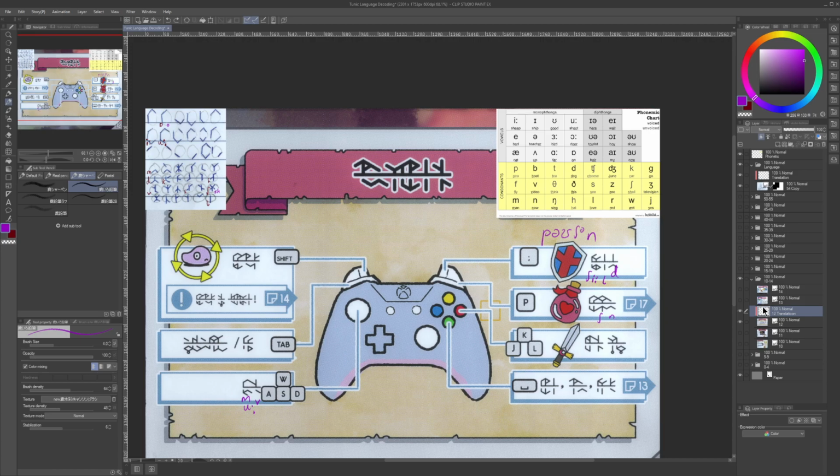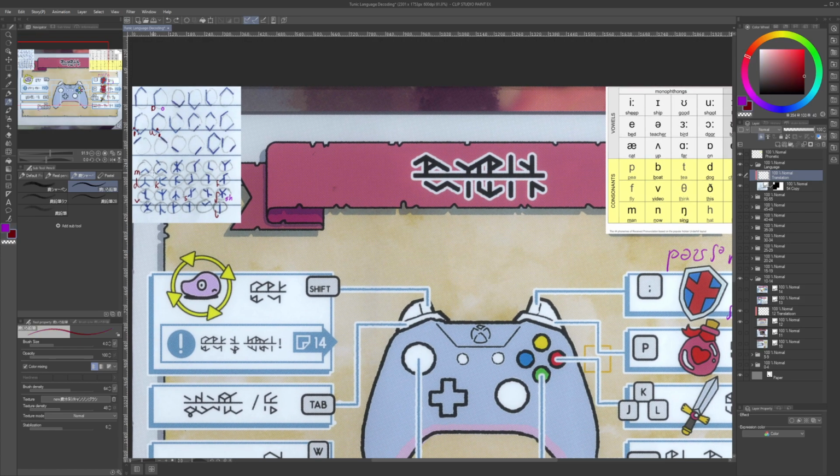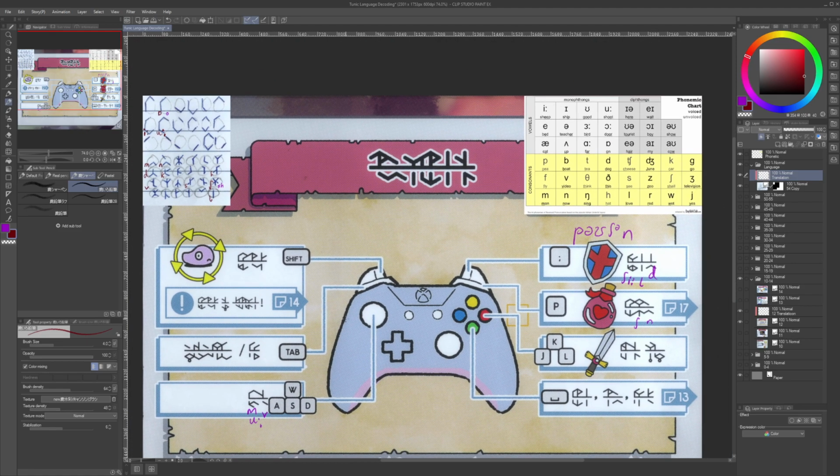So let's just say we know what N is, which is... Okay, so it's which one? This one? And that does seem to make sense. Like M and N are very similar visually, which makes sense to me. At least I'd feel like the characters would be similar. So this is probably a P sound as well, but we just don't really know what's going on with vowels.